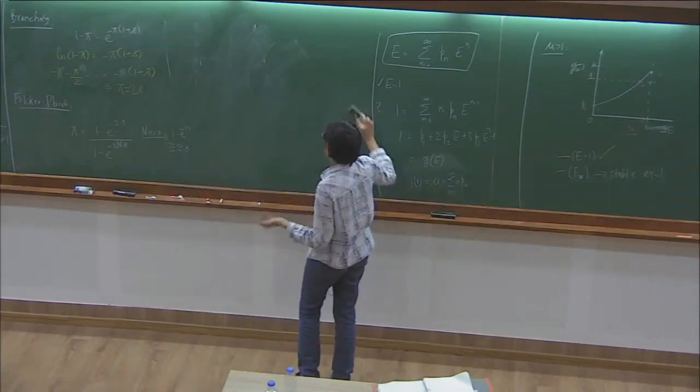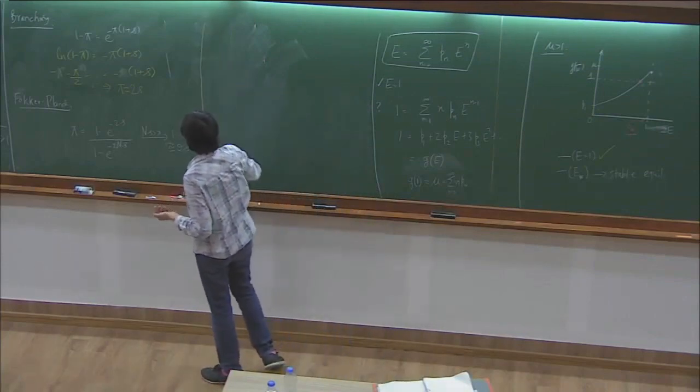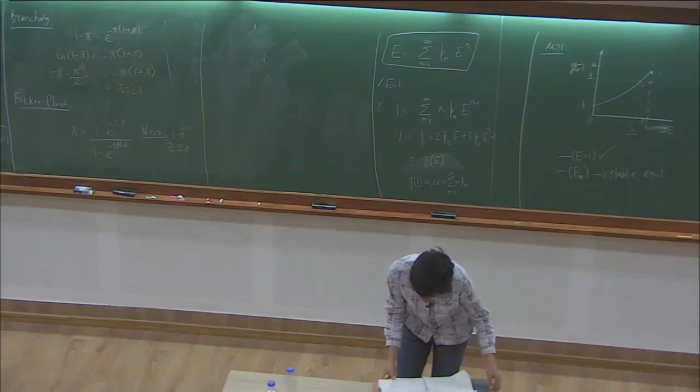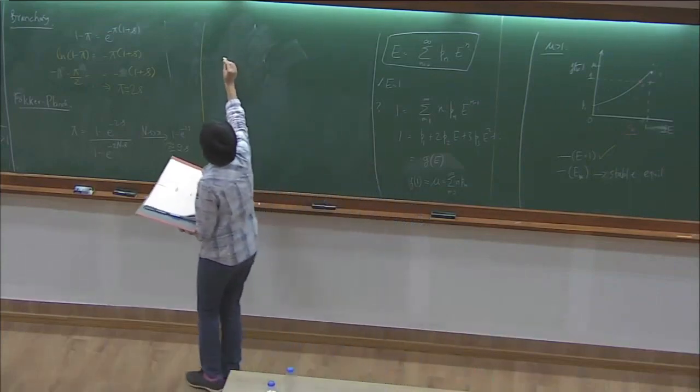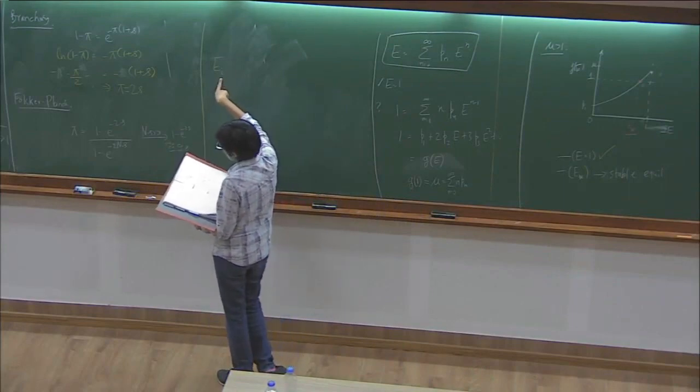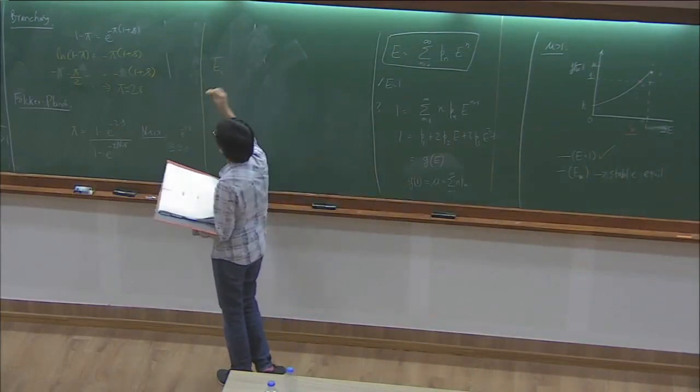So in this case, if I have several types, then the fixation probability in the background of I types is of this form. So I'm not explaining all this, but I just want to give you an idea that it can be generalized.